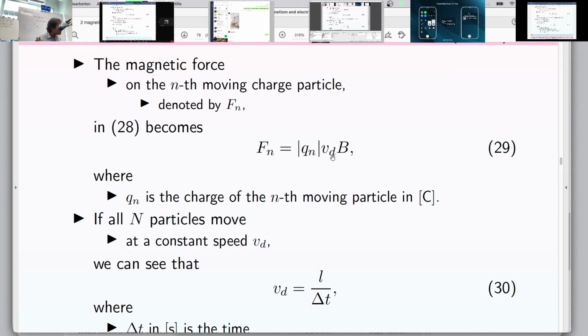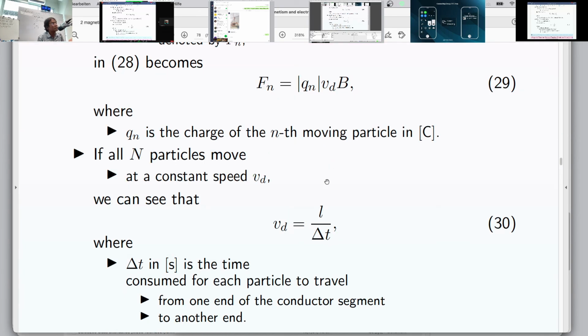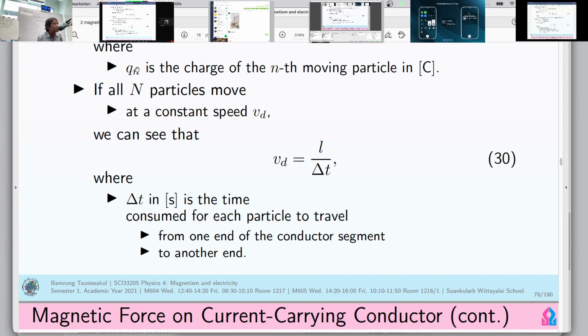Assume that all particles move with the same drift velocity Vd, and assume that in that area the magnetic field doesn't change with time. The value of the magnetic field just stays constant, and that's the typical thing that can happen.